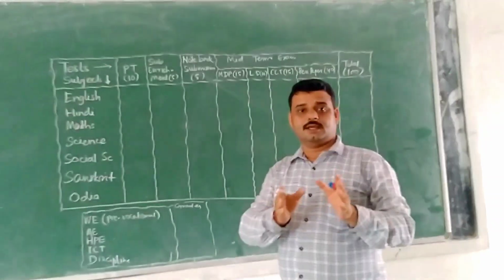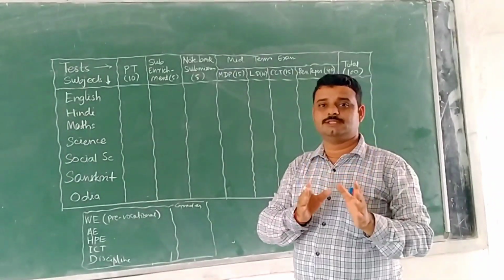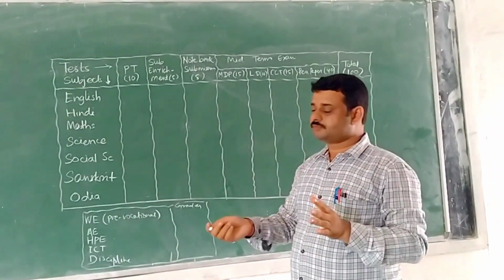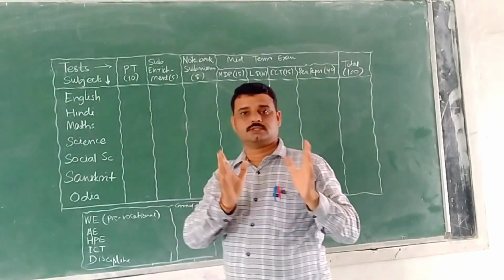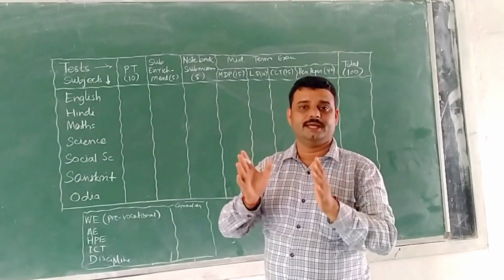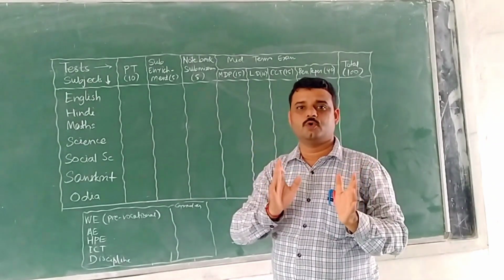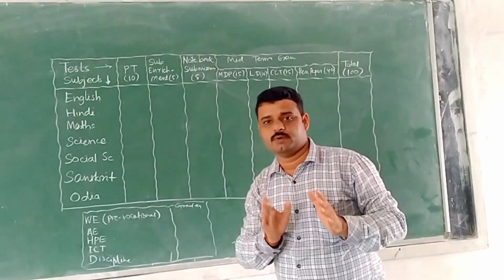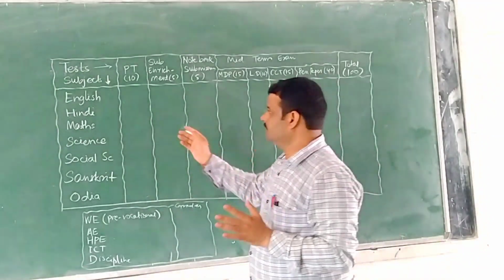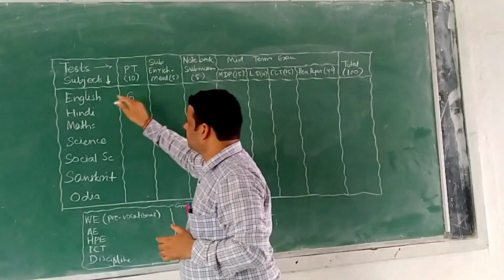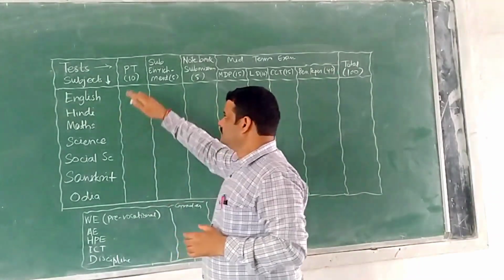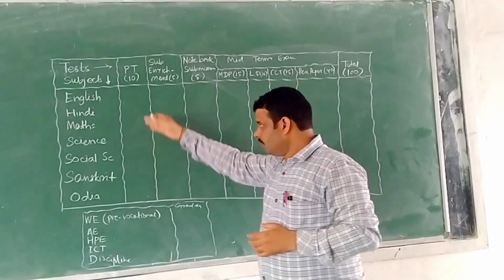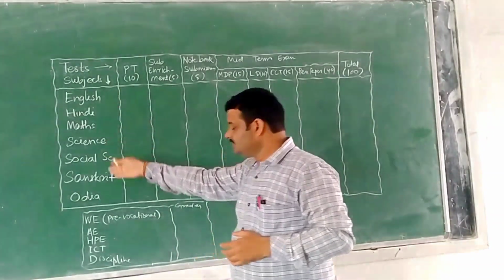It will carry the proportion of the weightage, which is one-fourth, because it was conducted for 40 marks. 40 will become 10. That means if you score 24 marks, then it will display 6 marks in that particular subject. So one-fourth here. Likewise, the proportional mark will be written against each of these subjects.